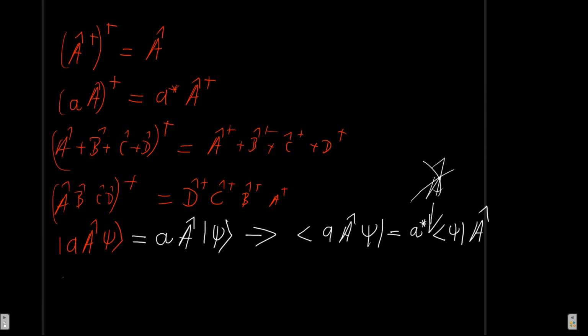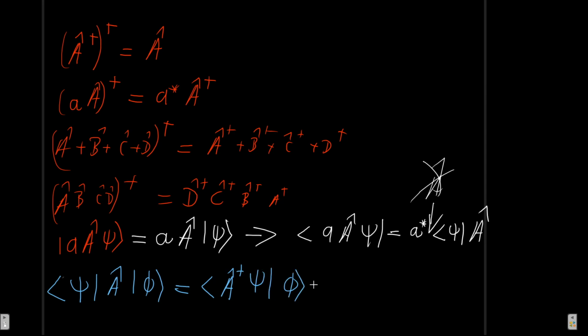That's very important. And why is this relevant at all? That's relevant because if we have a situation like this, so say we have the sandwich of bra of psi, operator A, ket of some other state vector phi, this is the same as having the adjoint of A acting on psi, and then just the ket of phi, or to write it as the bra of psi, and then have the operator act on phi first.